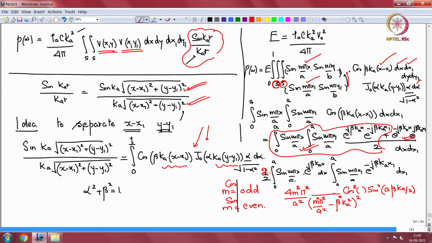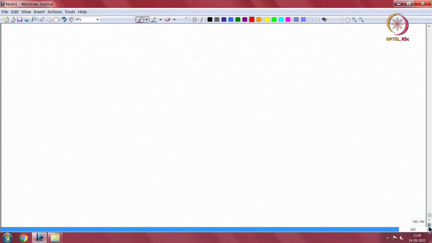So within this 0 to 1 integral we have done the x part of the whole integral, it's done. This will now come only under the 0 to 1 integral, there is no y in here. So how does the whole integral look?